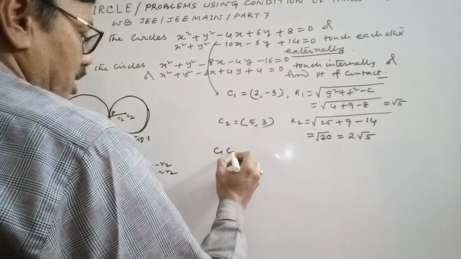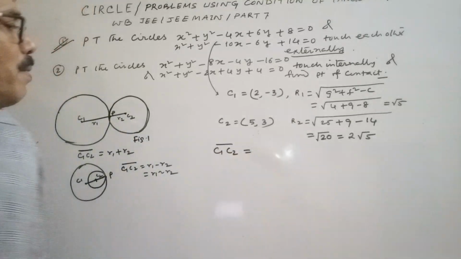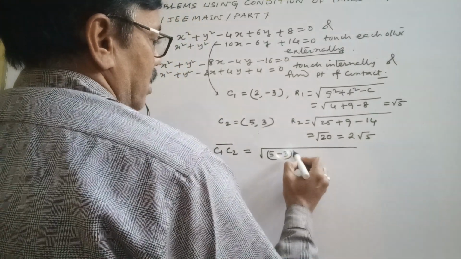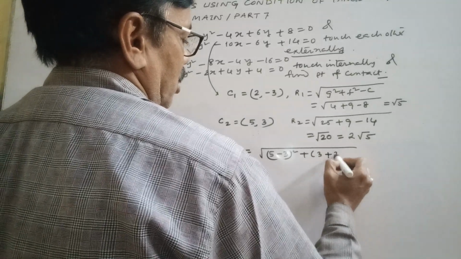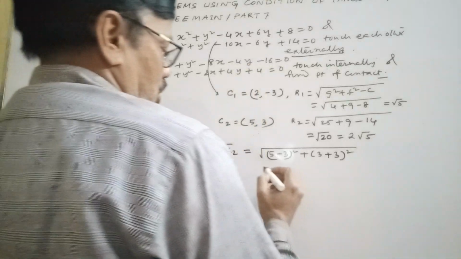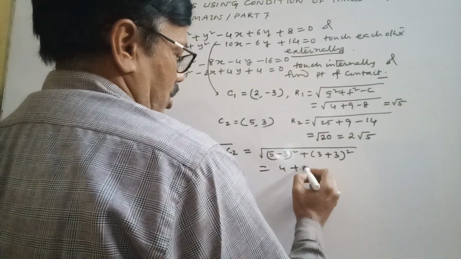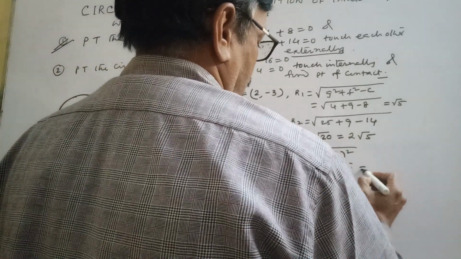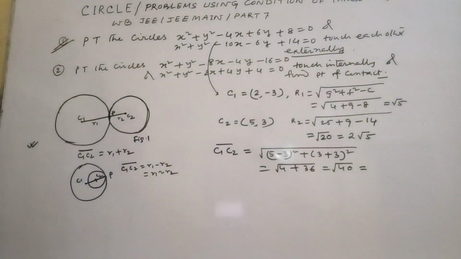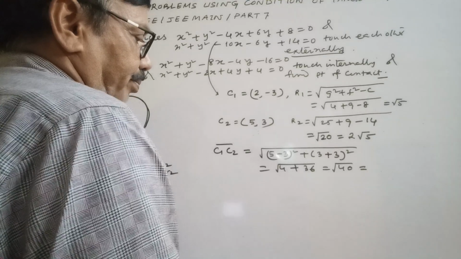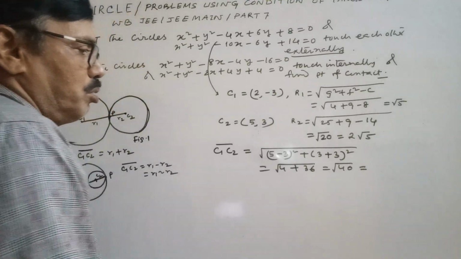Now the distance between centers C1C2 equals root over (5 minus 3) whole square plus (3 plus 3) whole square.